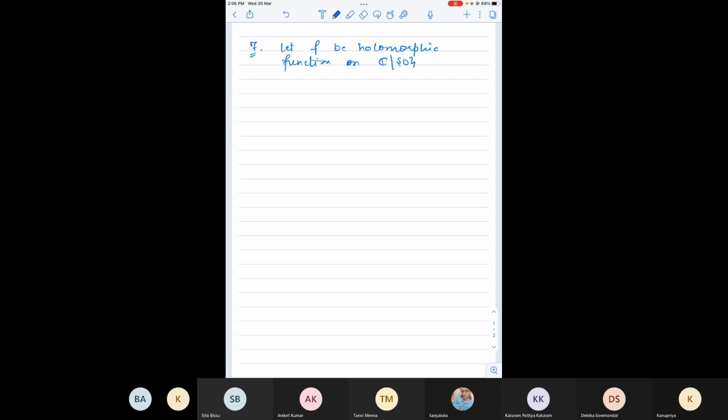Means at 0 we do not know about the analyticity, but otherwise the function is analytic with this property that mod of f(z) is less than root mod z plus 1 upon root mod z. Now we can write it like this also. Now we have to prove that this function f is constant.